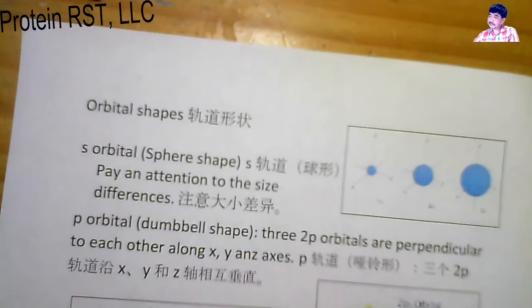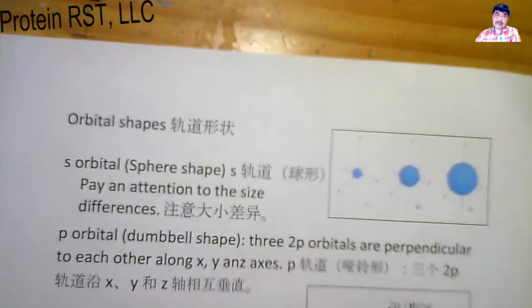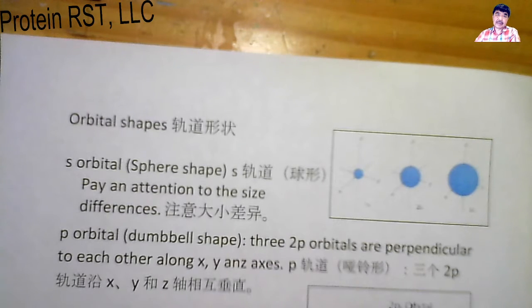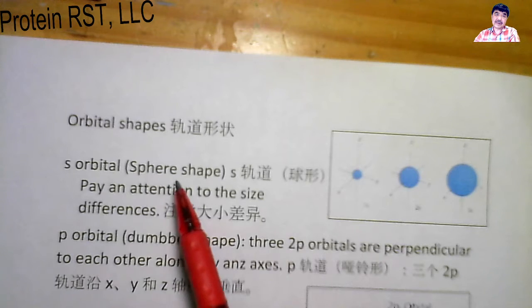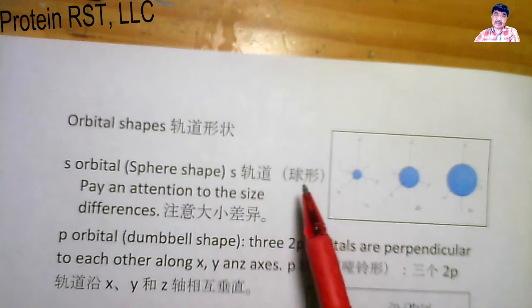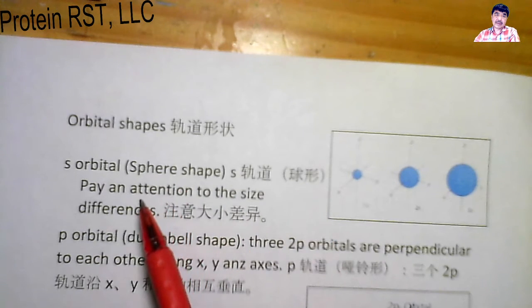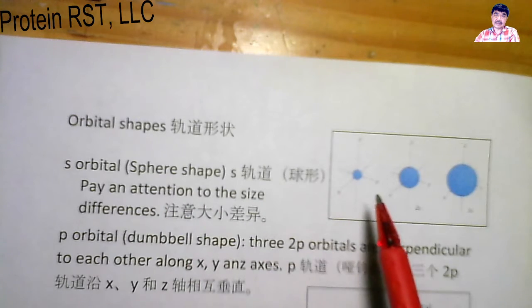Let's take a look at the orbital shapes. The s orbital is a sphere shape. Pay attention to the size.